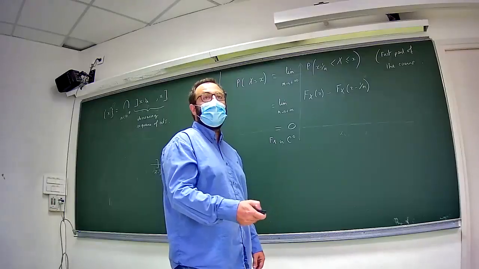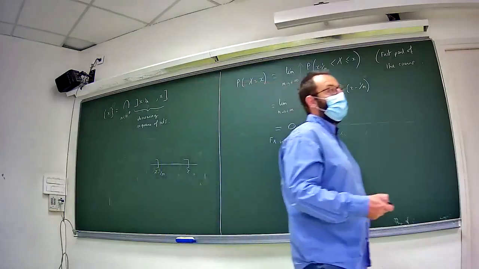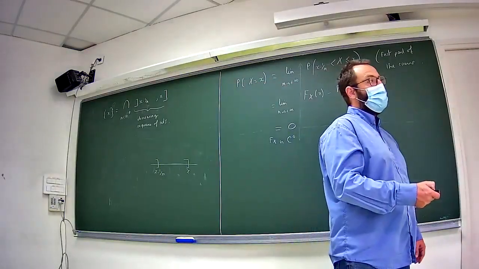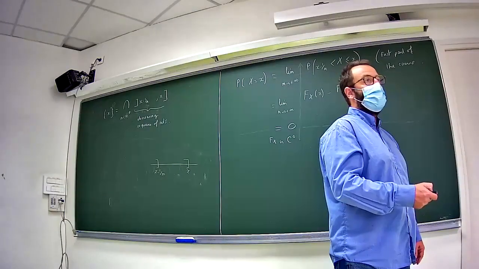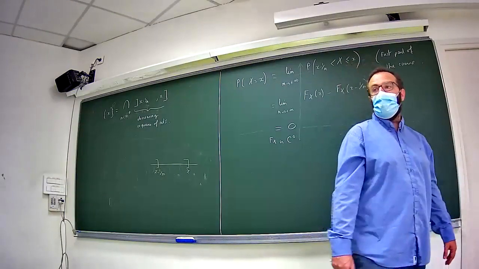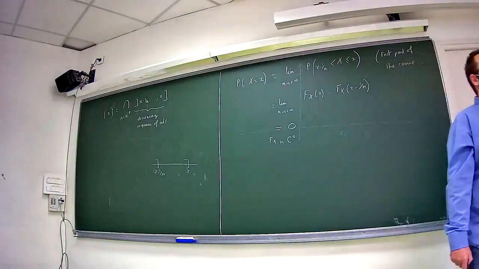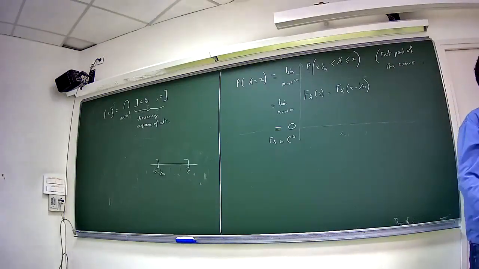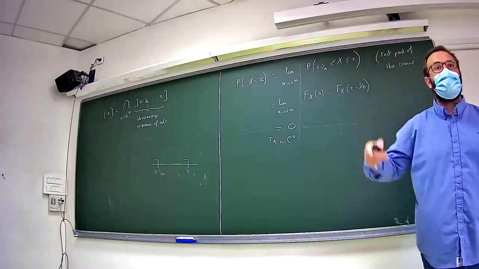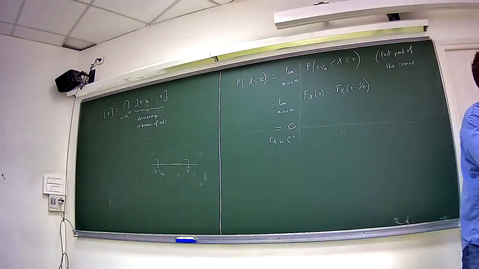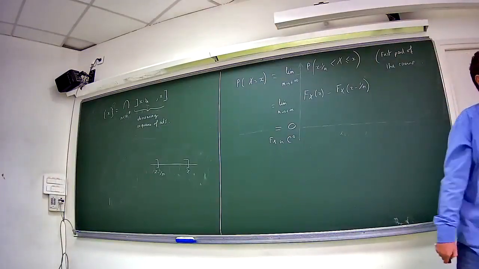In the discrete case, it is very important to know if x is inside the interval or not, or if a is inside the interval or not. But in the continuous case, I don't mind, because the probability to take one value is always 0. So you have the equality between all these probabilities.